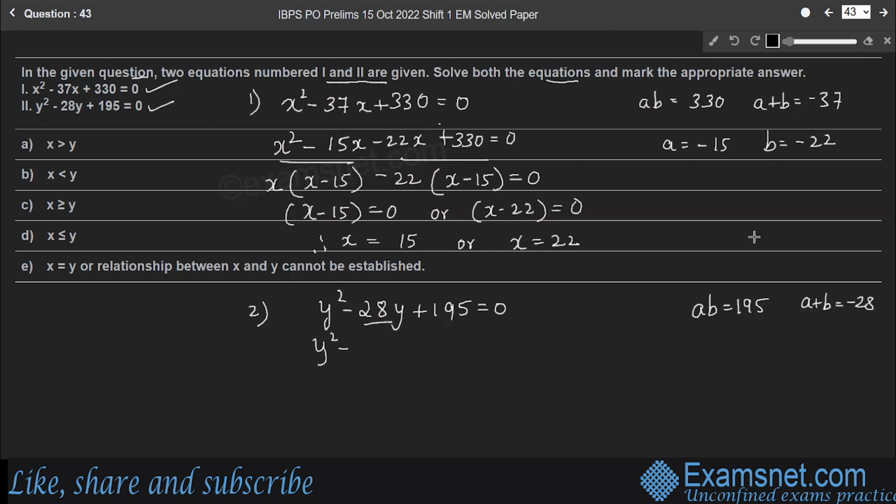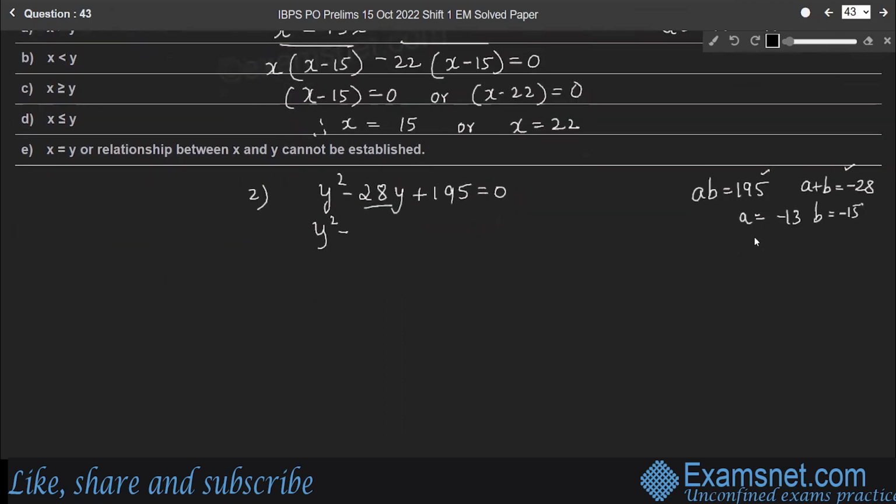Here A is equal to minus 13, B is equal to minus 15, so that their product is 195 and their sum is minus 28. So minus 28y can be written as minus 13y minus 15y plus 195 is equal to 0.